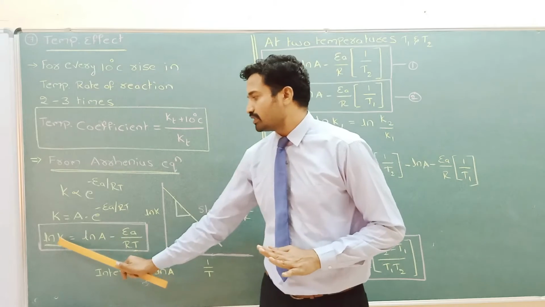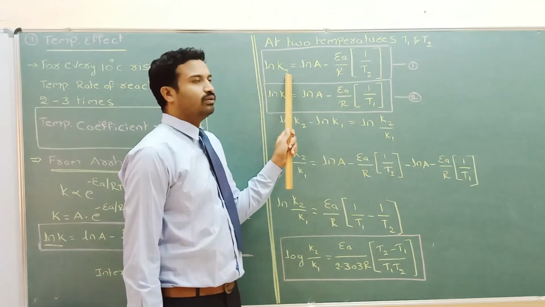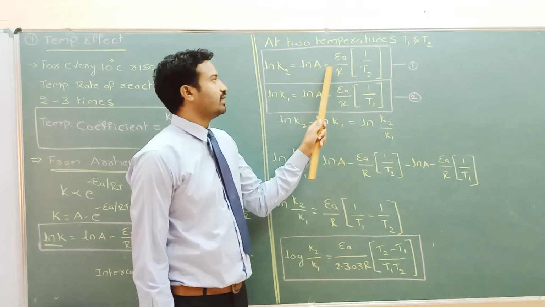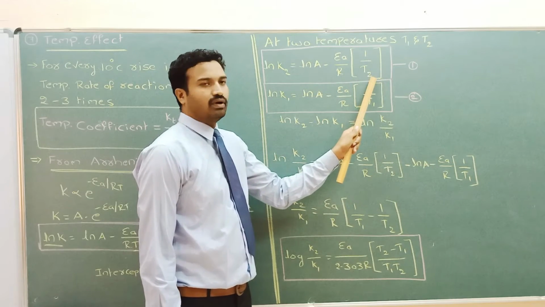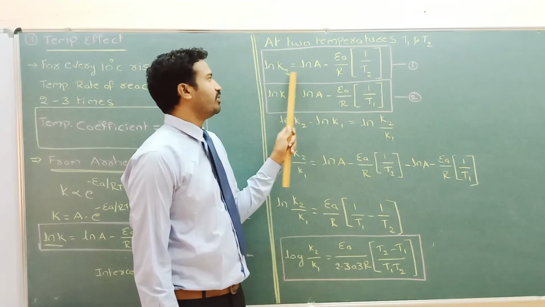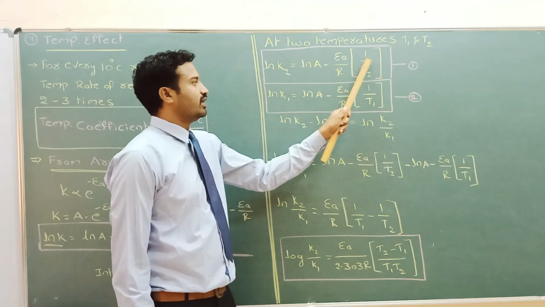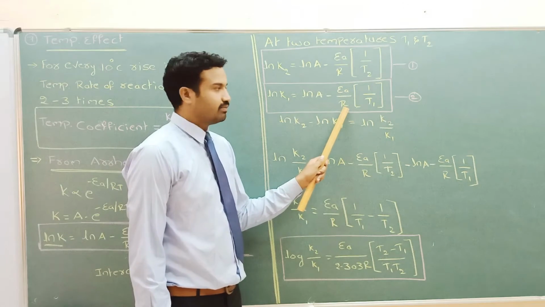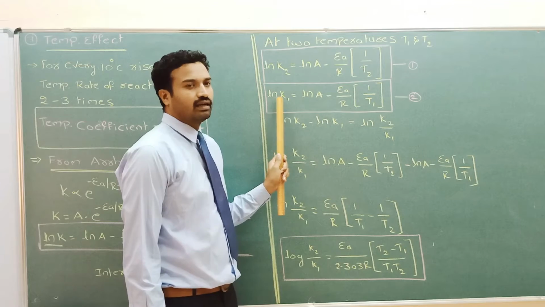At T2 temperature it becomes K2, so ln K2 is equal to ln A, the Arrhenius constant, minus Ea by R times 1 by T2. At T1 temperature, ln K1 is equal to ln A minus Ea by R times 1 by T1. Ea by R and ln A are constants.